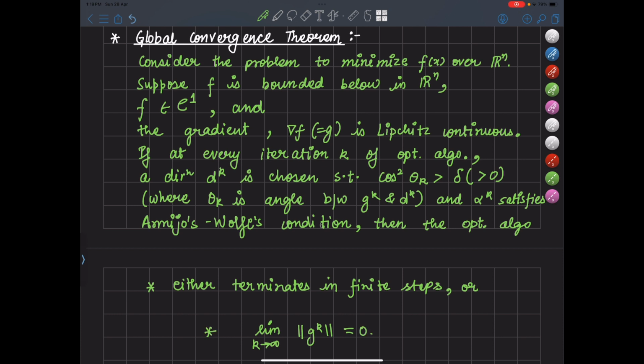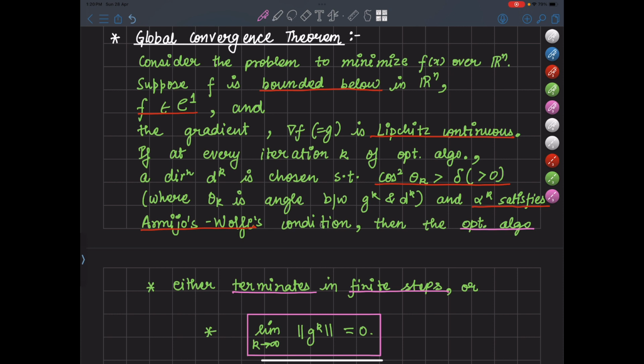Okay, so this is the global convergence theorem: if certain assumptions are followed, that is f bounded below, f continuously differentiable, gradient Lipschitz continuous, and dk is chosen such that cos²θk is greater than some value delta, and alpha k satisfies the Armijo-Wolfe conditions, then the optimization algorithm either terminates in finite steps or the gradient goes to 0, which means eventually it will converge.